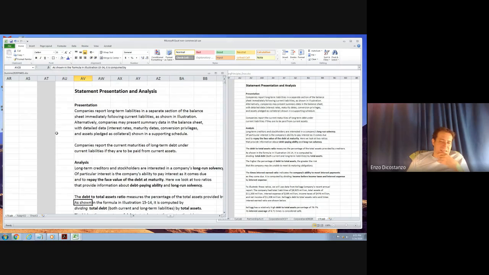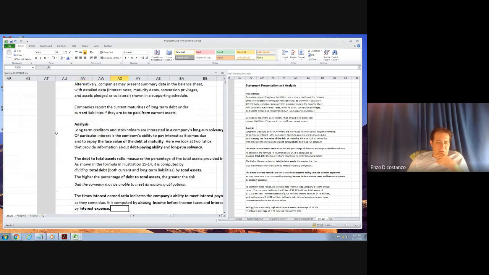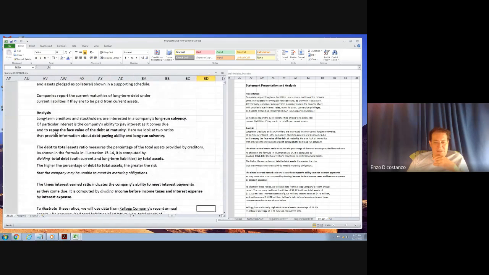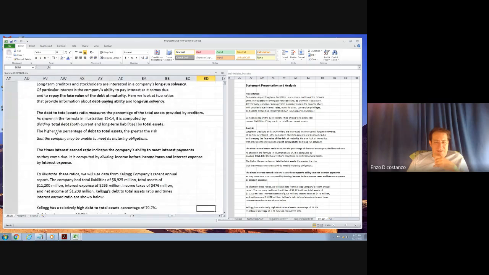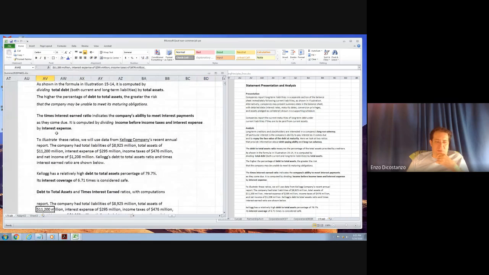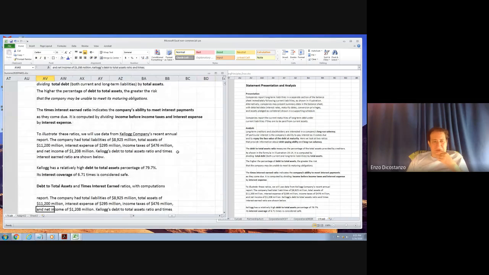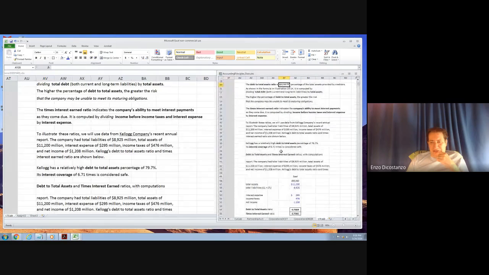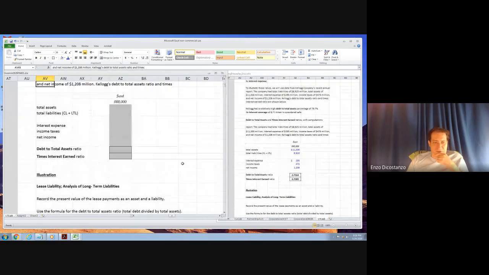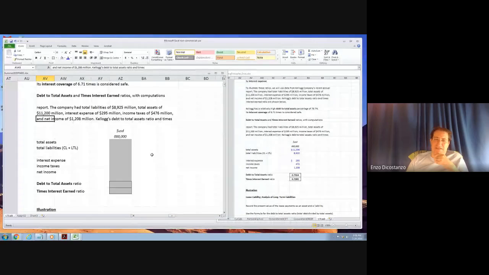So there's the debt to assets ratio, and there's income before taxes and interest expense divided by interest expense. Generally you're going to have to go searching for all of that information. Here we have it given to you, but you have to search through the SEC documents.